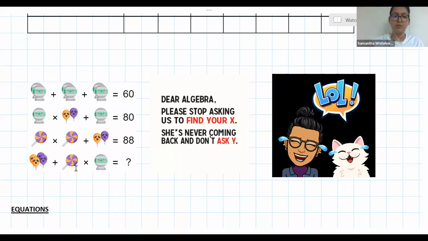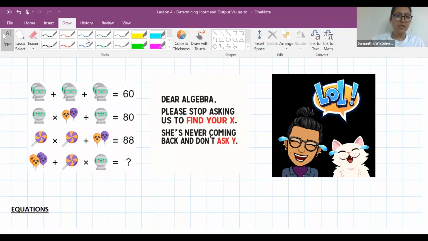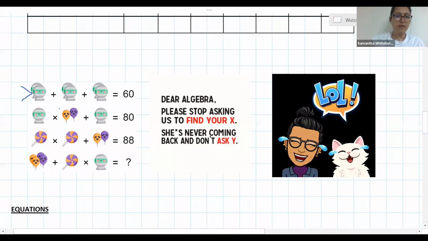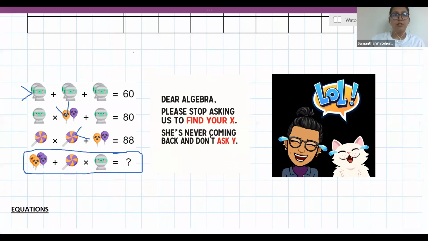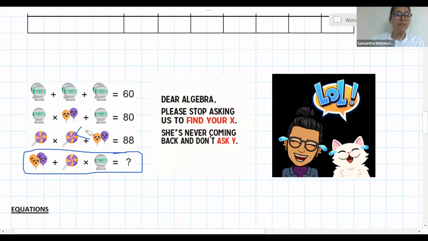Remember, guys, what you're trying to do here is work out the value of the zombie, the balloons, and the sucker in order to get the value of this final expression over here. Look carefully, think about, are there one, are there two of them? And then we want to get the value over there.